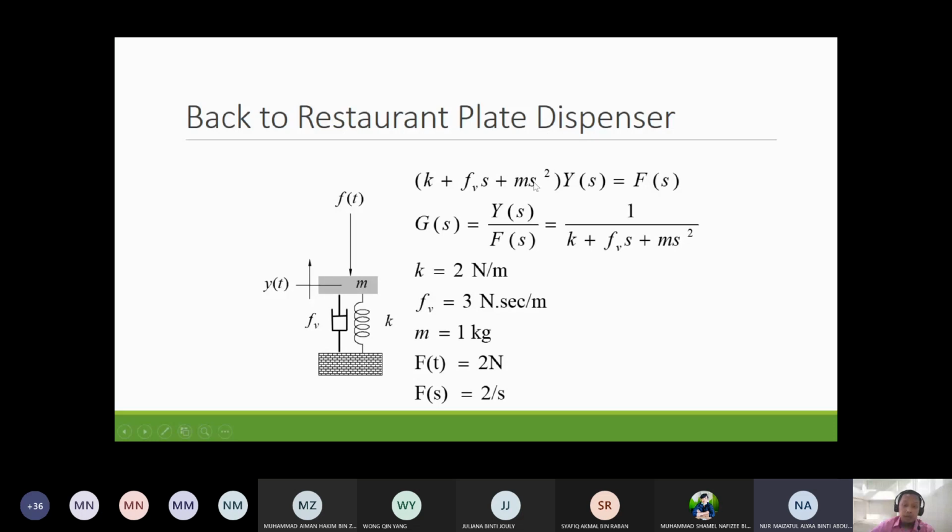The example given here doesn't draw the free body diagram, so later you can draw it by yourself.